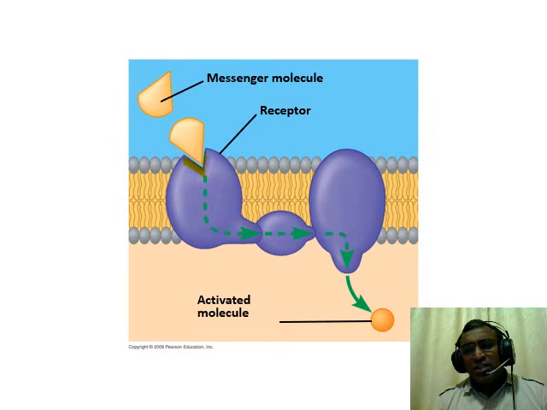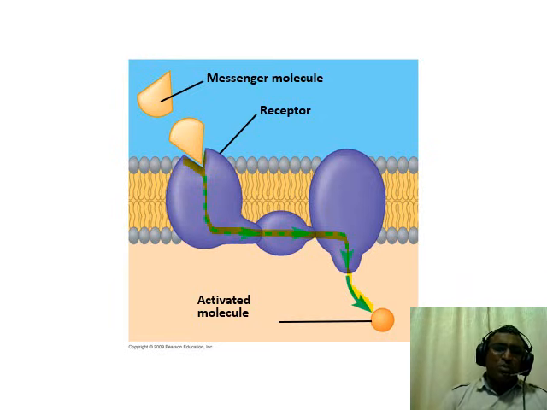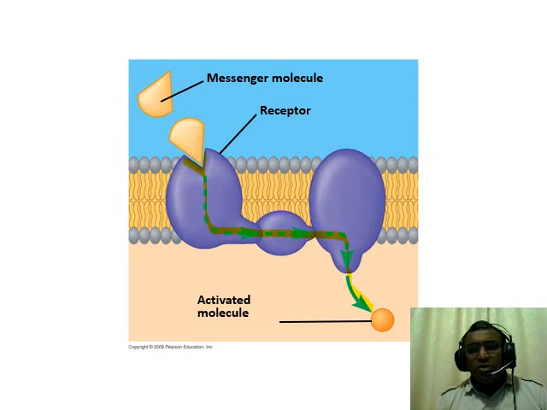And once it has received its messenger, the signal transduction will take place until it triggers the activation of another molecule inside of the cell, for instance G protein, and this activated G protein will then open up or activate the protein channel, and therefore it can do its function.